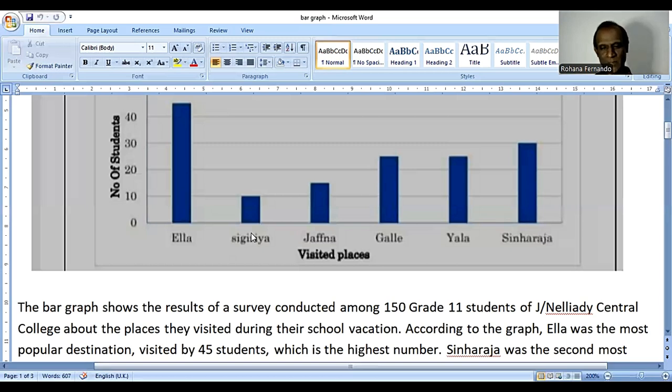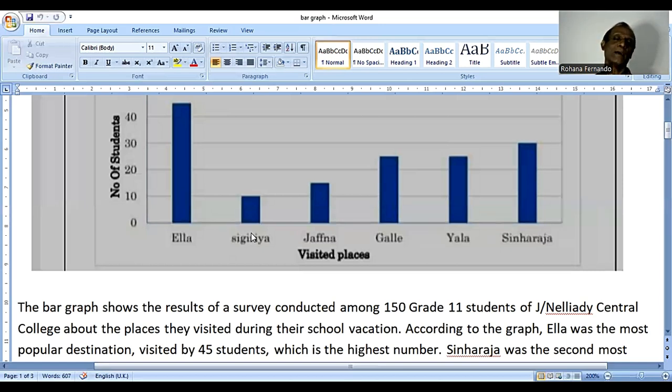Otherwise, you normally have to write them separately, like Ella was the most popular destination. Full stop. It is visited by 45 students. Or it is 45 students.